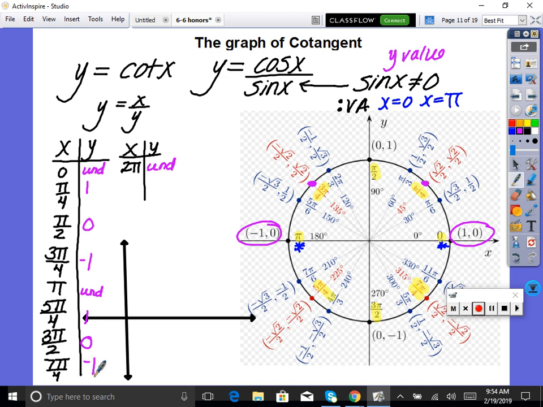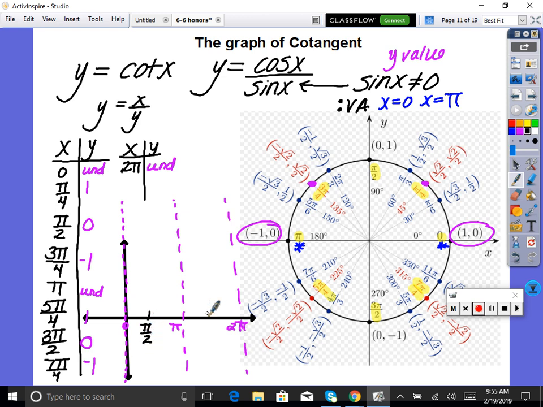So notice our first asymptote for cotangent is at 0. So right here at 0, like sine and cosine, we actually can start at 0 for cotangent. So here's 0, here's pi. Let's do 2 cycles. Here's 2 pi. Then our halfway point here is pi halves.